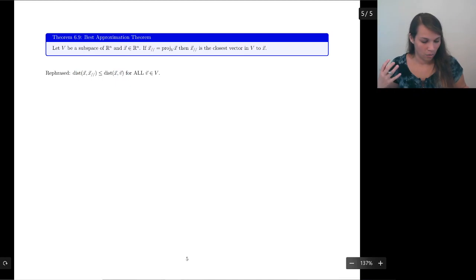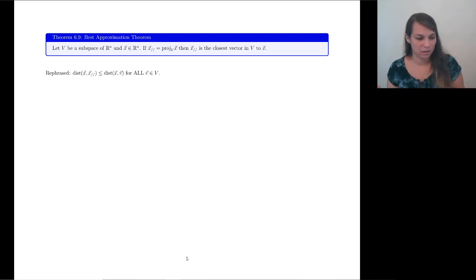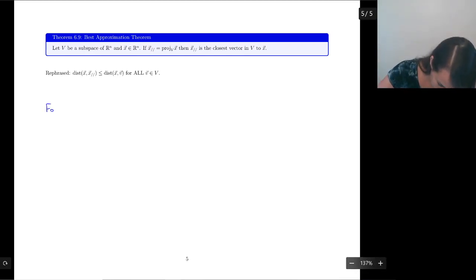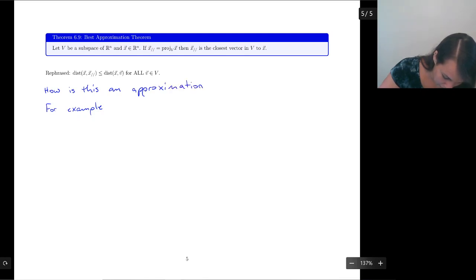Okay, why do we care about this though? This allows us to approximate x by using x parallel. How is this an approximation? Because that is the name of our theorem.